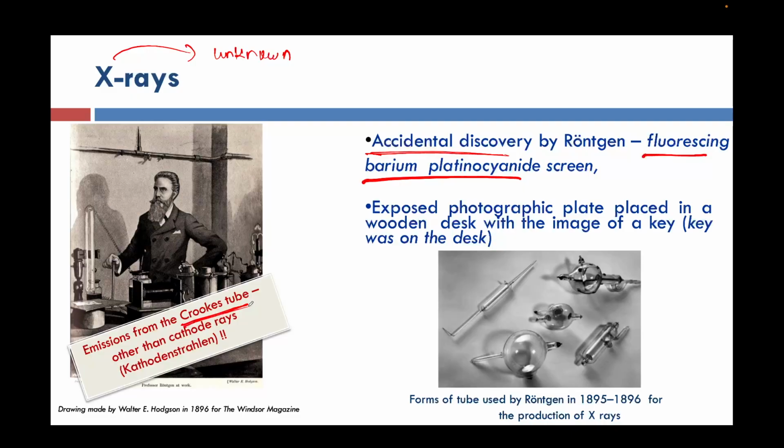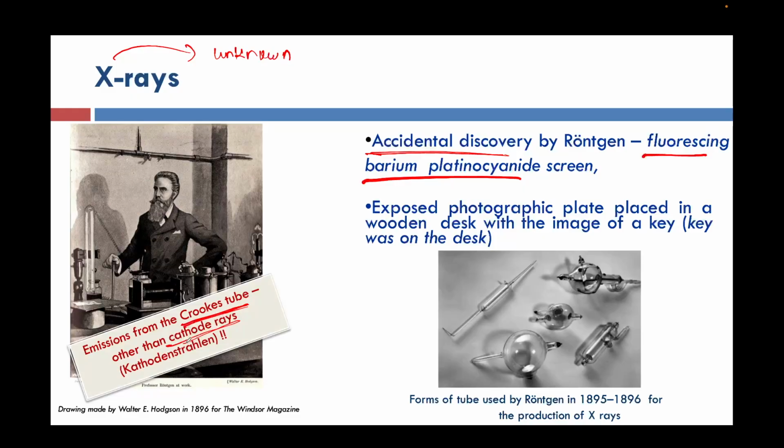In the Crookes tube they apply a potential across two electrodes and extract electrons. These electrons are called cathode rays, but the penetration power of the cathode rays, going from cathode to anode, was very poor.